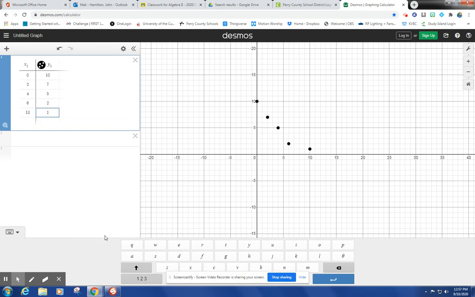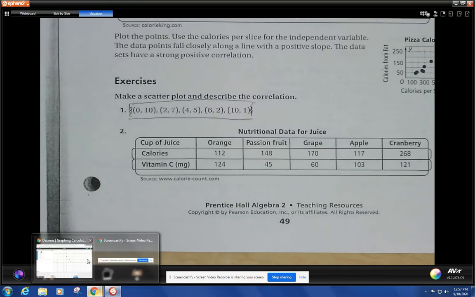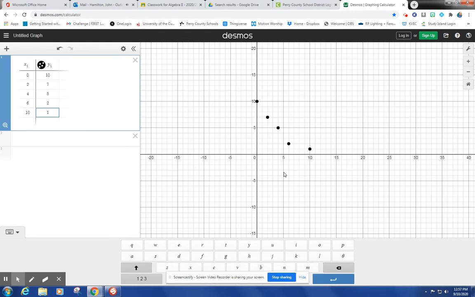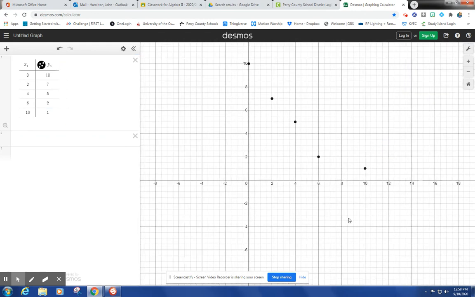Again, I got those from right here. There's my 5 ordered pairs. This is my X coordinate, this is my Y coordinate. I just put them into a table instead of listing them out like we usually do in ordered pairs. And look what happened over here. You can see it plotted all of those points for me.